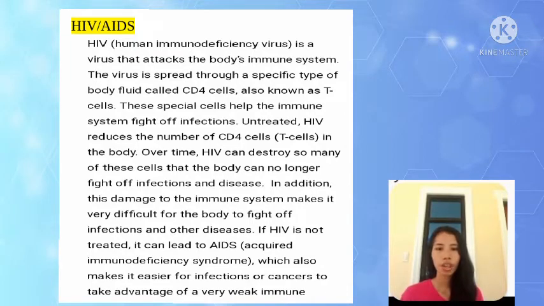Over time, HIV can destroy so many of these cells that the body can no longer fight off infections and disease. If HIV is not treated, it can lead to AIDS, which makes it easier for infections or cancer to take advantage of a very weak immune system.